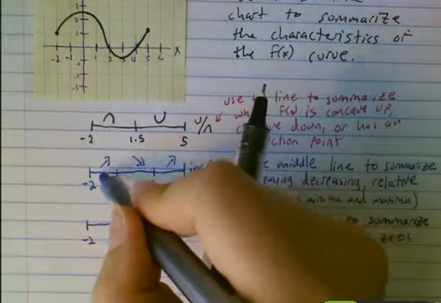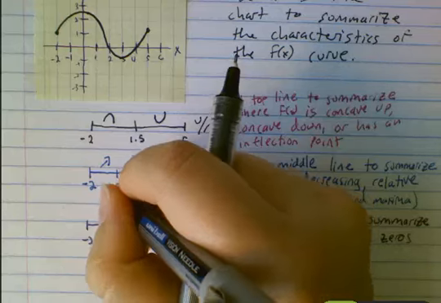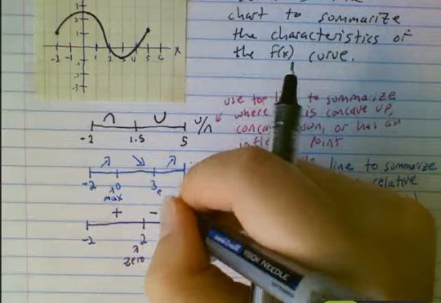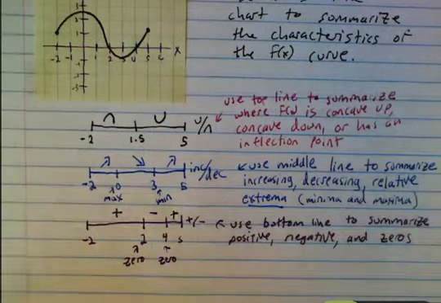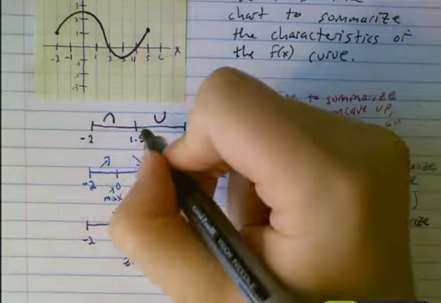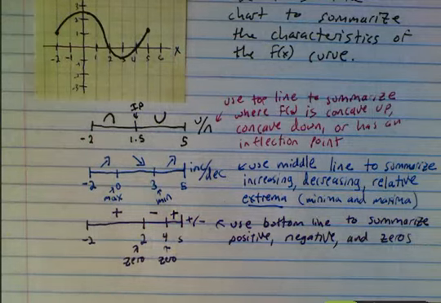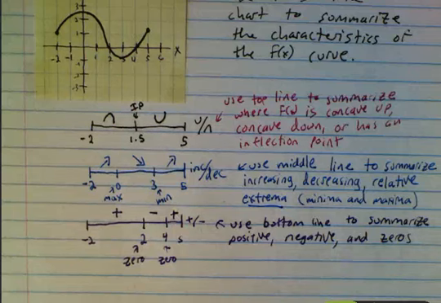The change from increasing to decreasing, that's a maximum. From decreasing to increasing, that's a minimum. And then here where concavity changes, that's an inflection point, or IP. So that's what the three-line chart is. It's just summarizing that. And now let's have you try an example.